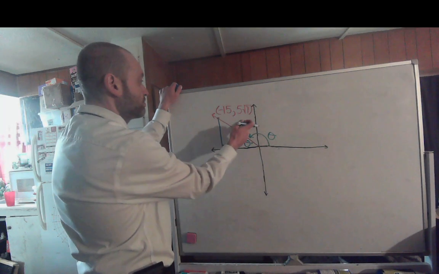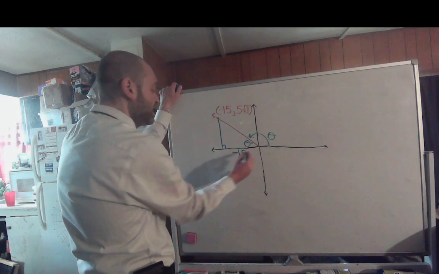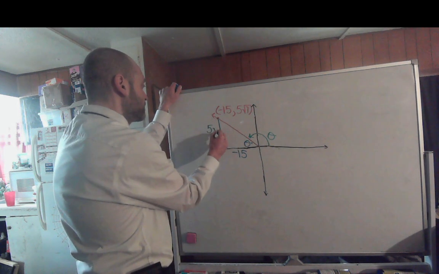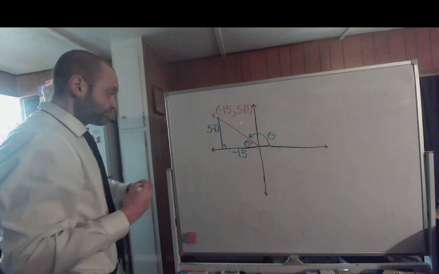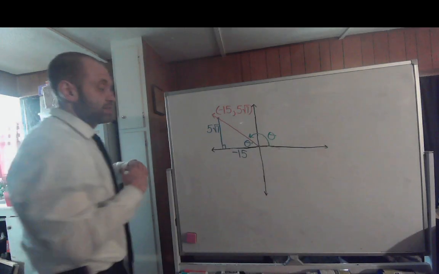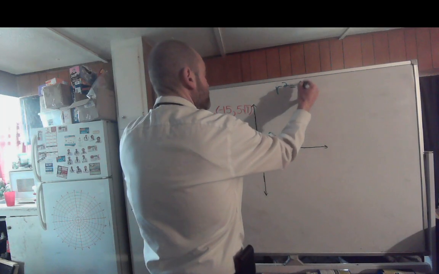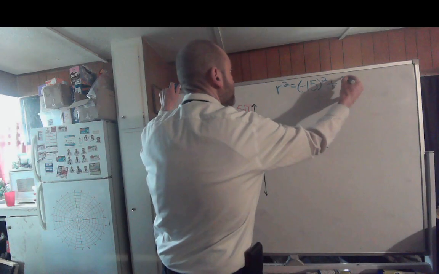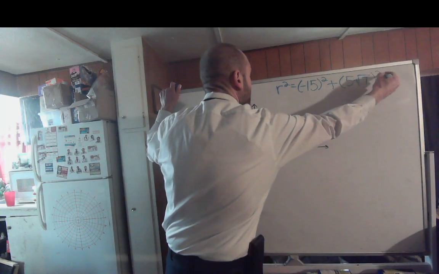Okay, so we're to the left 15 units, so we'll have negative 15 for the x, up 5 times the square root of 7 for y. So now we need to find our radius. So the radius squared equals that negative 15 to the second power plus that 5 times the square root of 7 raised to the second power.